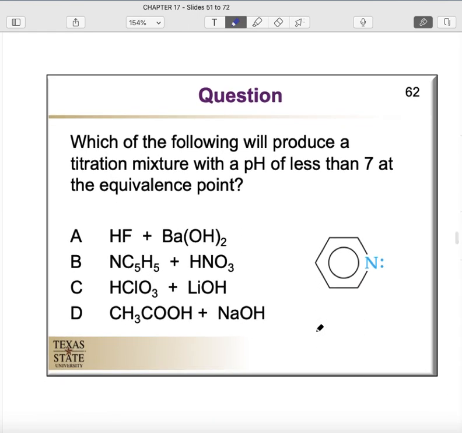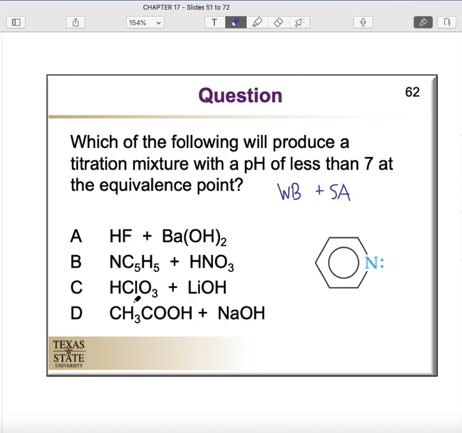Next question, which of the following will produce a titration mixture with a pH less than 7 at the equivalence point? Give it a try. All right, so same idea. A pH of less than 7 at the equivalence point means that we're working with a weak base that is being titrated with a strong acid.